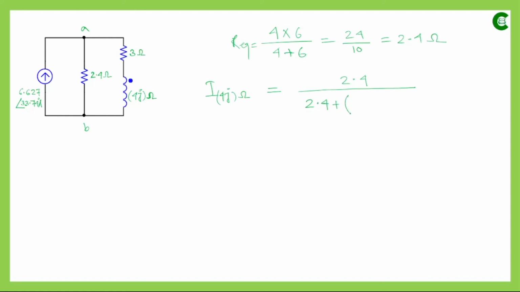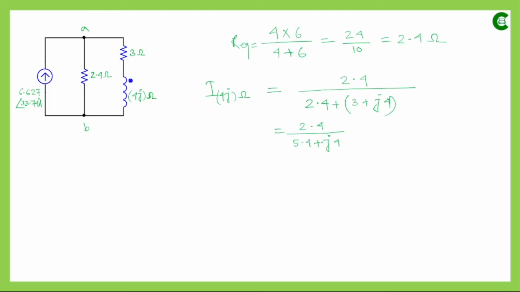So 2.4, and here it is 3 plus j4, so it will be 2.4 divided by 5.4 plus j4. Now here we can see 2.4 is the value of the resistance, so it can be represented in either way, but in the denominator we have a value which is in rectangular form, but this time we want to divide.